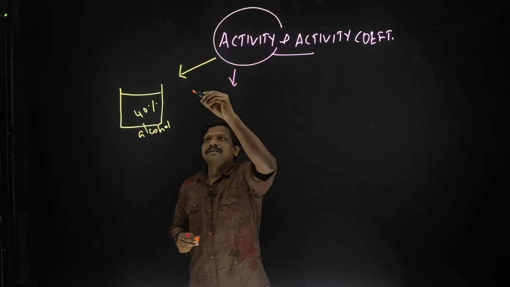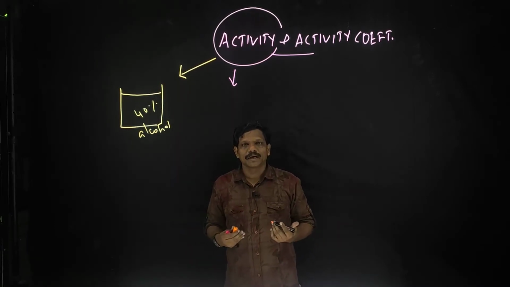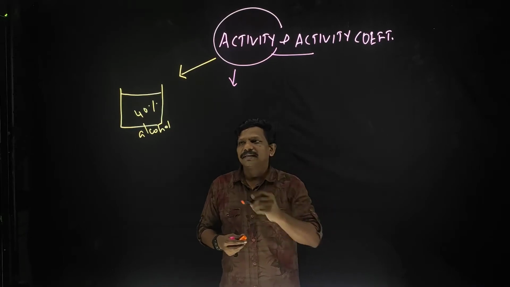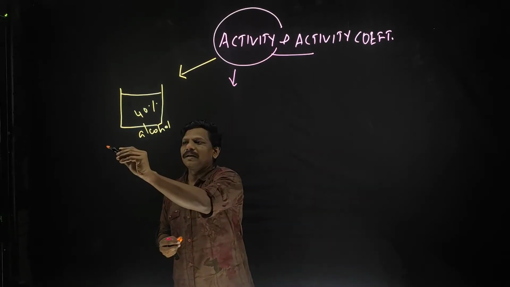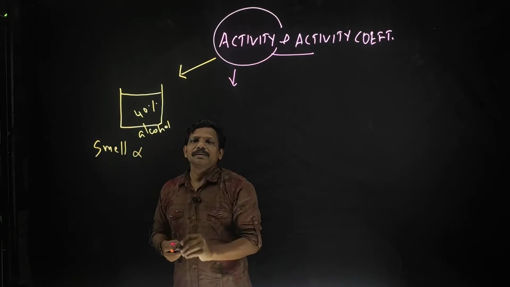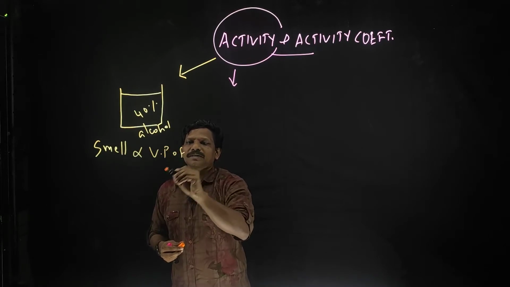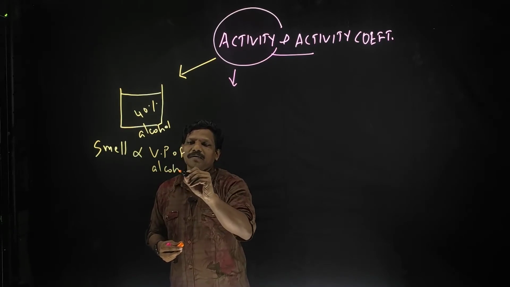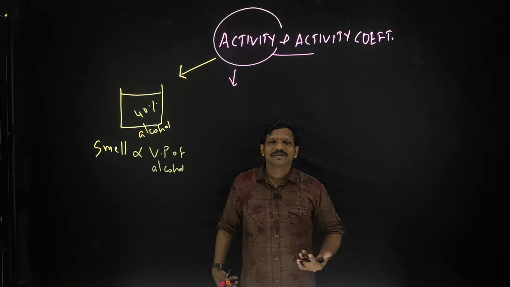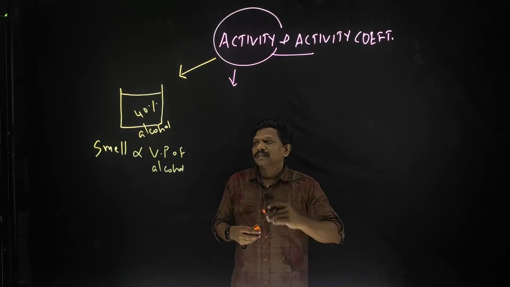Suppose you know that there is a pungent smell for the alcohol. The smell of this alcohol is actually proportional to the vapor pressure of alcohol. That means if vapor pressure is high, the smell will also be high.